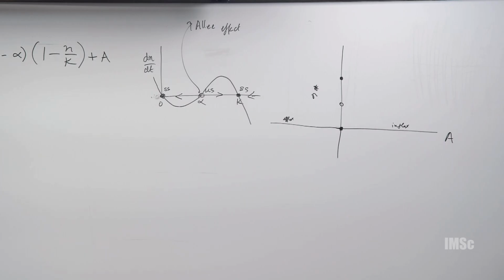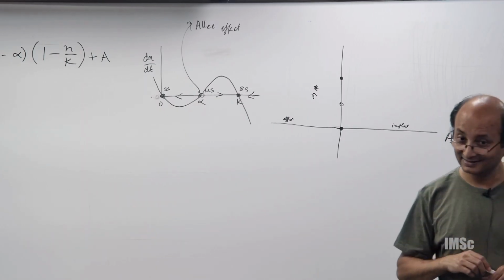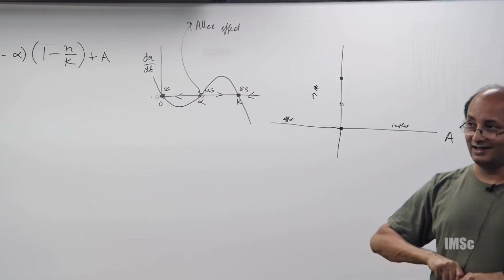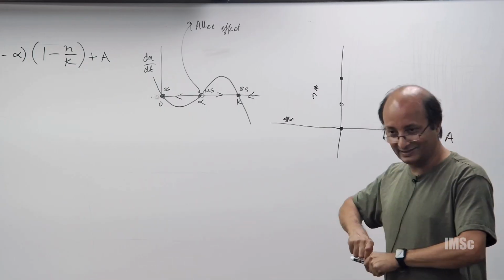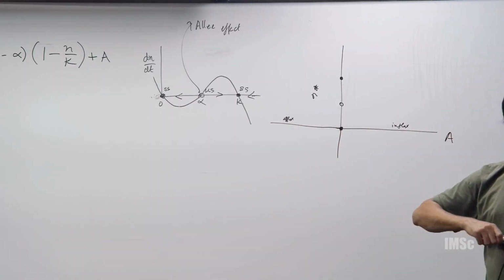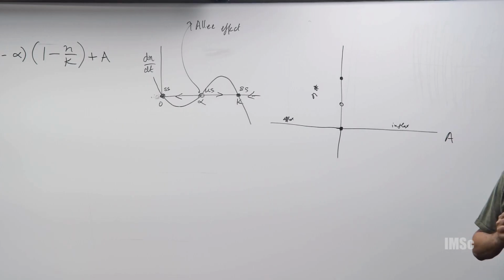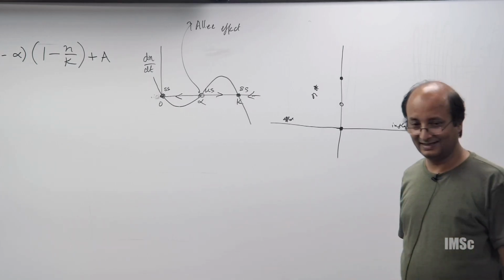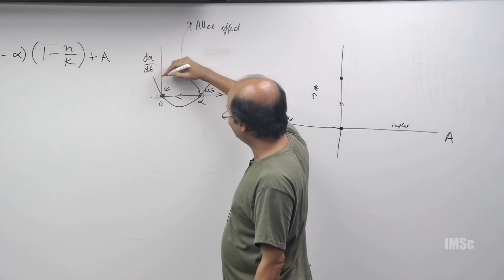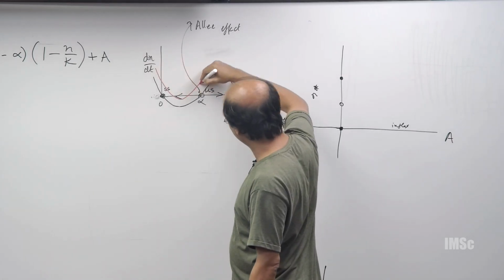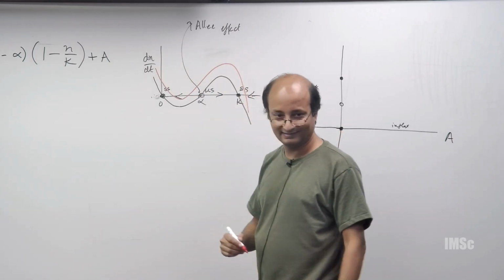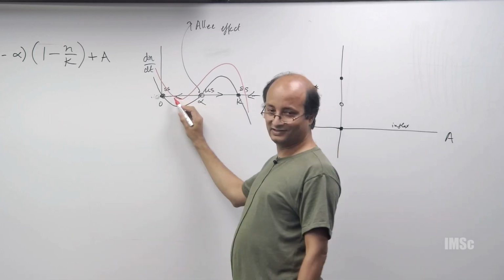So how will it behave if I make a more and more positive? Before that, you tell me what will happen to this curve. If I add a to it, that means I am taking the entire curve and lifting it, right? So what is happening to my fixed points?